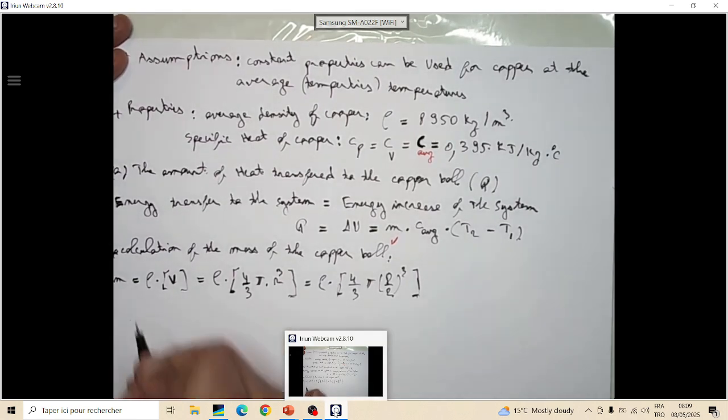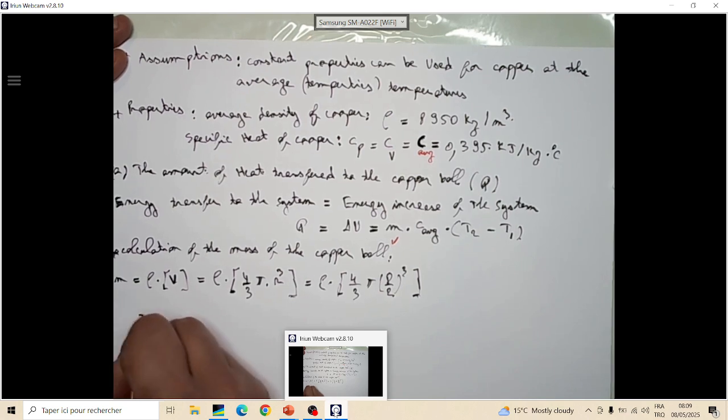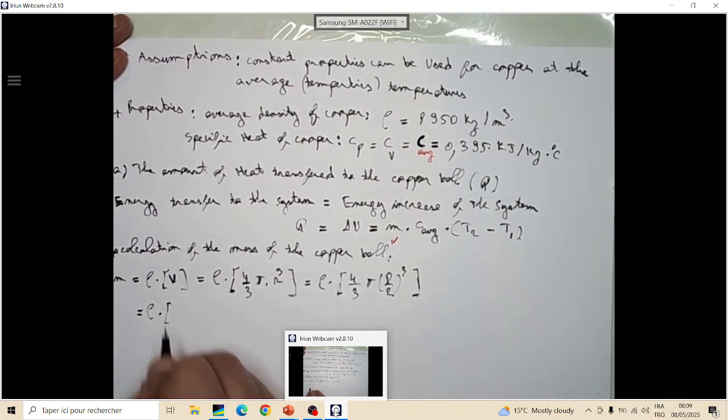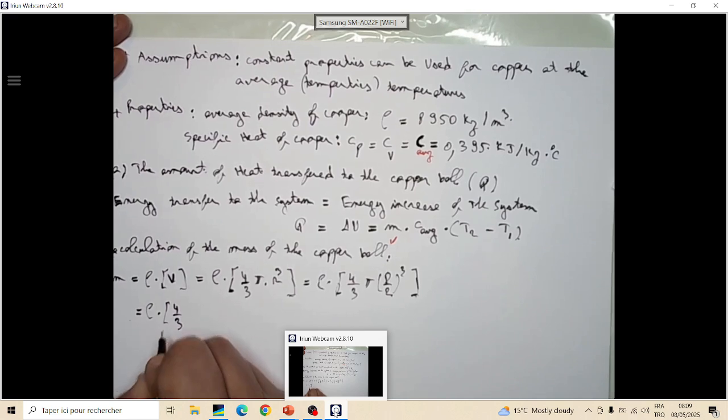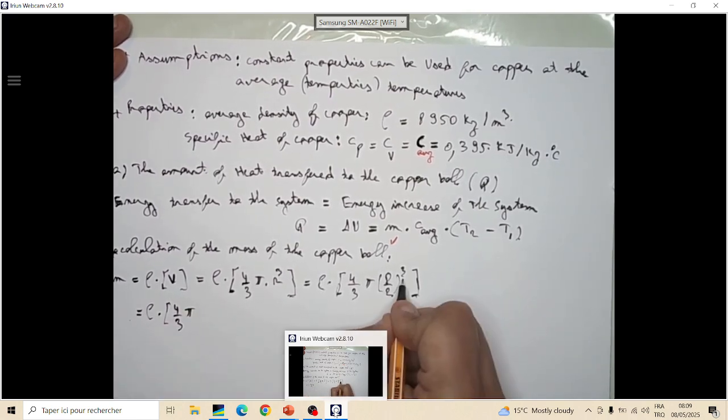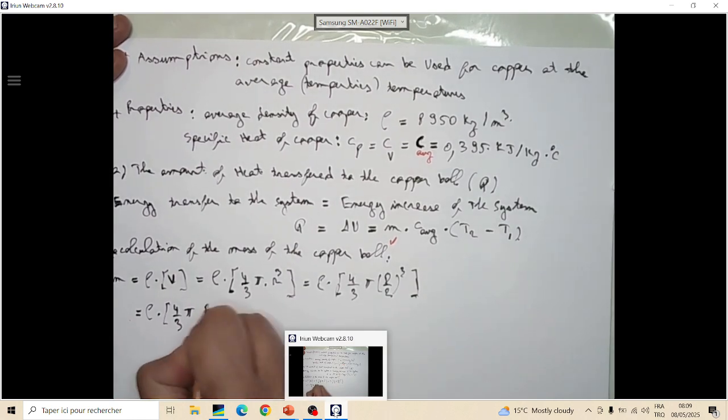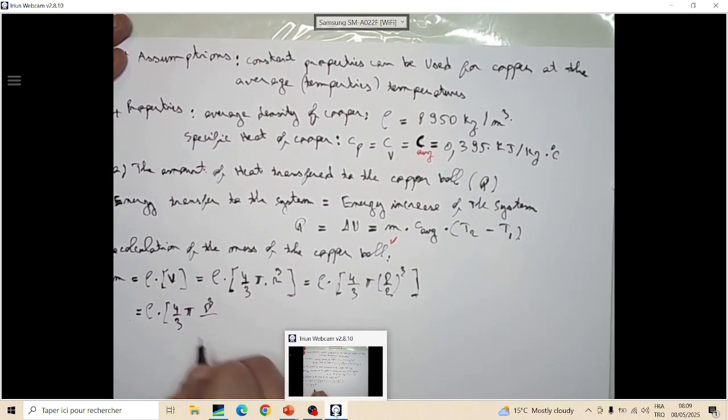Let's continue. It is equal to density times 4/3 pi. This d/2 to the power 3 will give me d to the power 3 over 8.